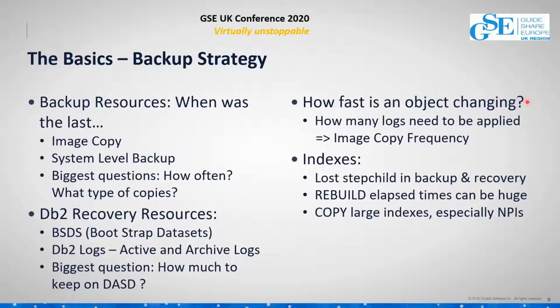Do you have an OLTP environment where a table receives hundreds, thousands of updates per hour? Then you need to take this into account, because when you restore from an image copy and you have to apply millions and millions of log records that were sitting on 24 hours of archive or active logs, it may just take far longer, which means you could think of increasing the image copy frequency here.